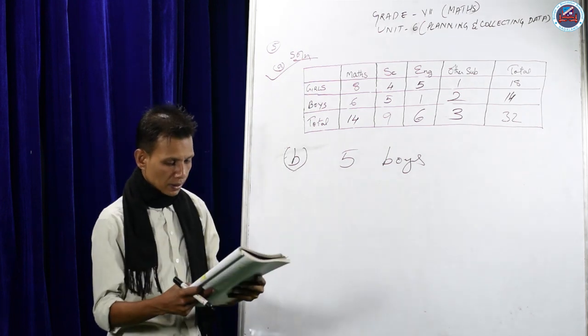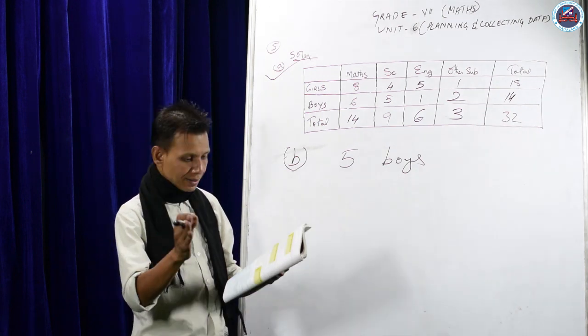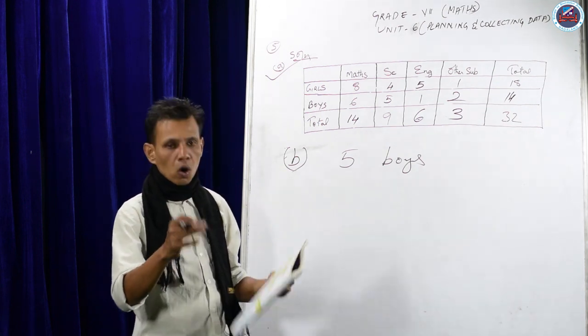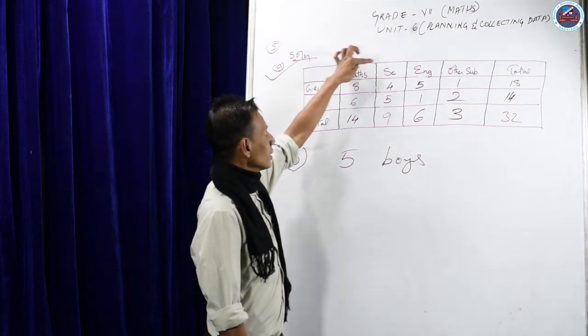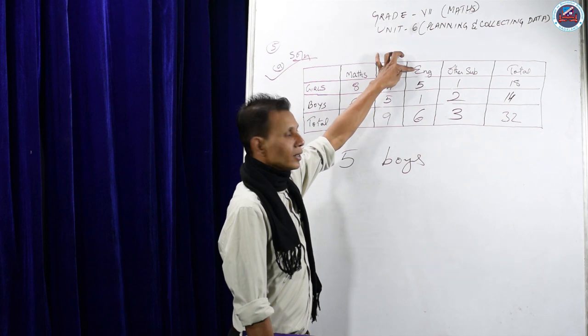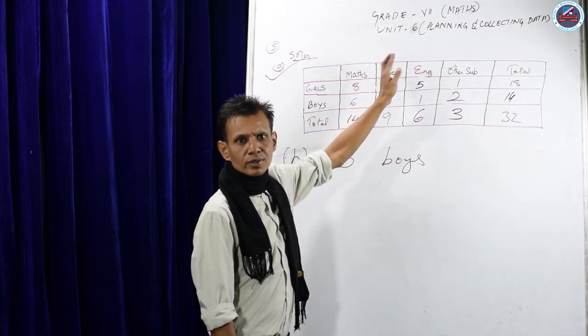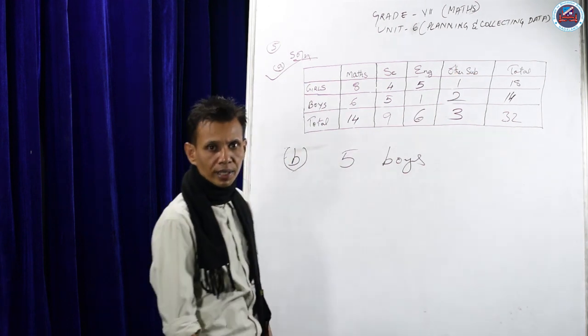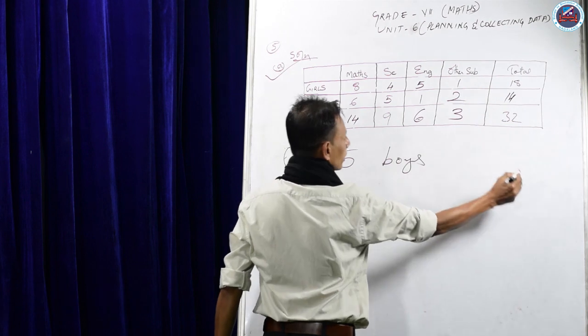Okay? Let's see. How many of the students did not choose math, science or English? If they don't choose math, science or English, obviously they choose other subject. Do you agree? Yes. Let's see how many girls choose other subject. Only one girl.